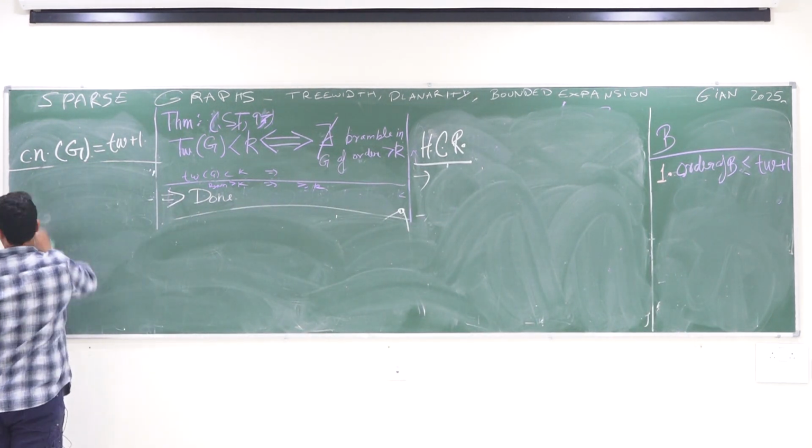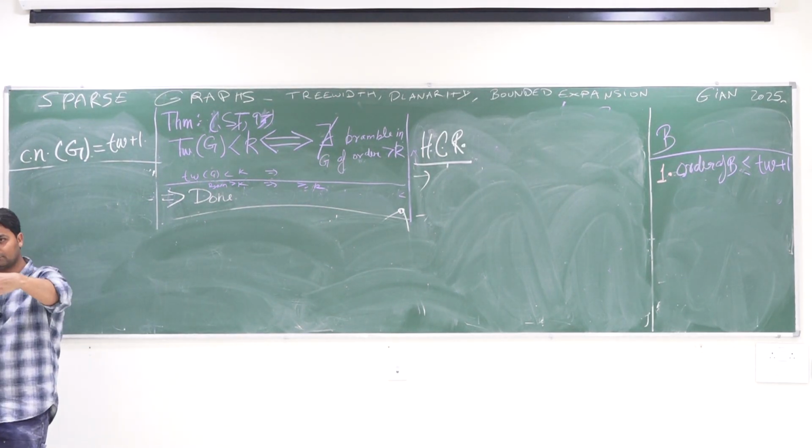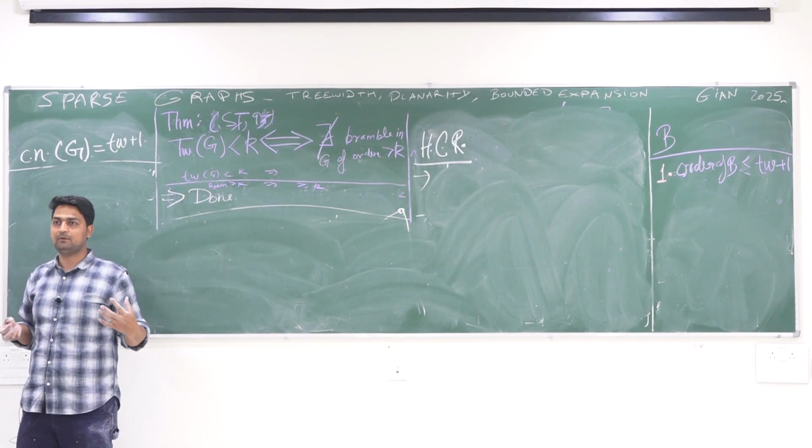How do we know that we don't exhaust the number of cops at the separators? Each bag has size at most k plus 1, and you have k plus 1 cops.